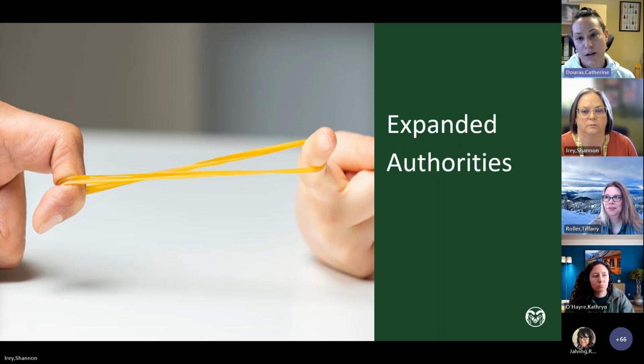When we're talking about expanded authority, we're only talking about federal assistance awards, so grants and cooperative agreements. If you're talking about a non-federal sponsor or a federal contract, neither of those are covered by expanded authorities. For these next few slides, we're really only talking about federal grants and federal cooperative agreements.